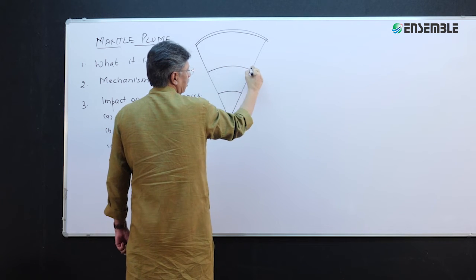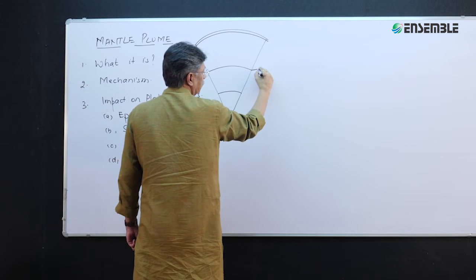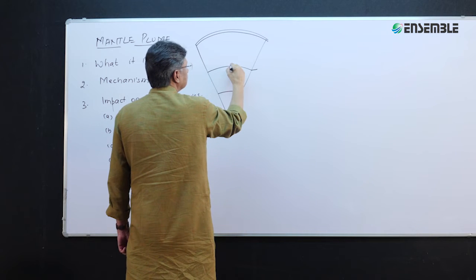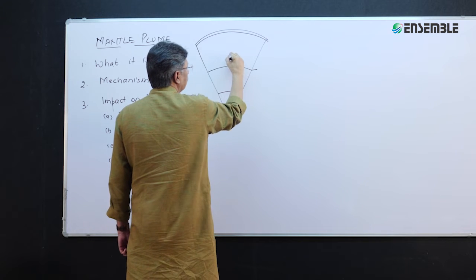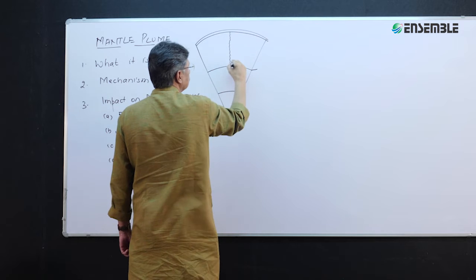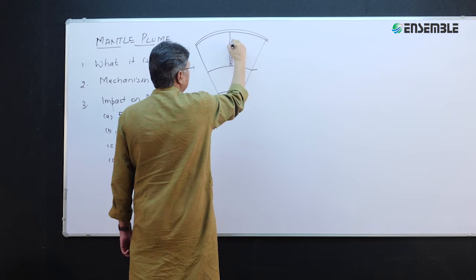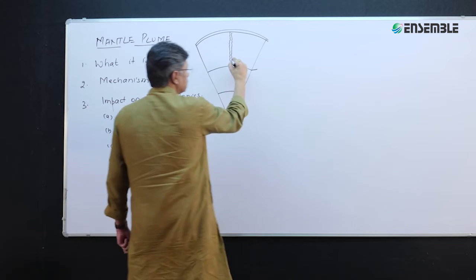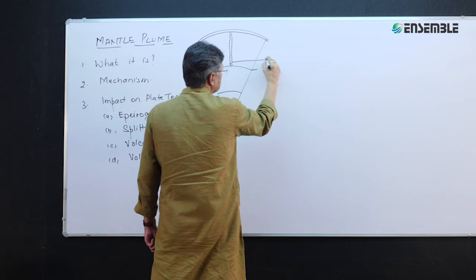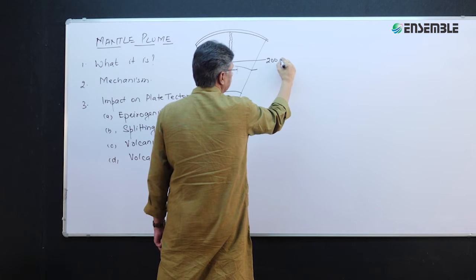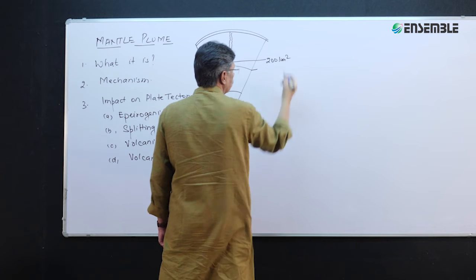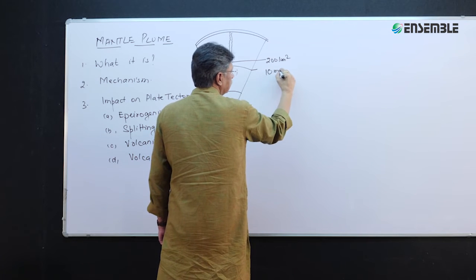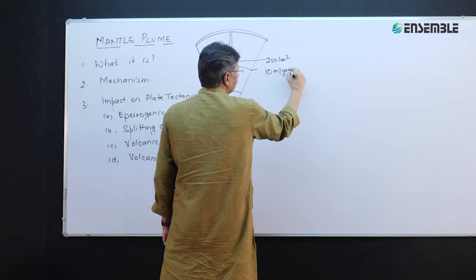Then somewhere from this portion, there is a column of magma that goes on to rise to the top. Now, this rise occupies a circumference of about 200 square kilometer and rises at a rate of something like 10 meter per year.